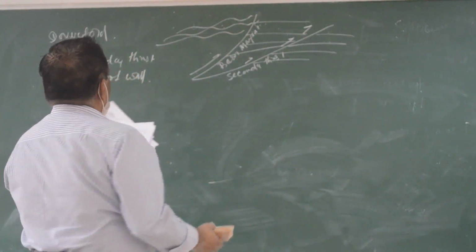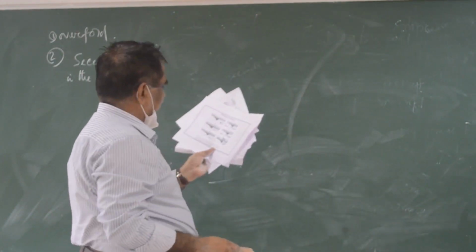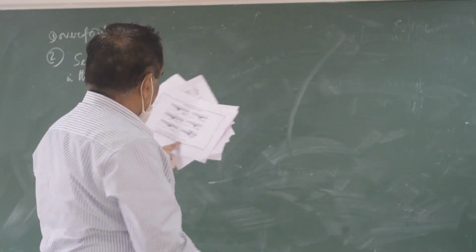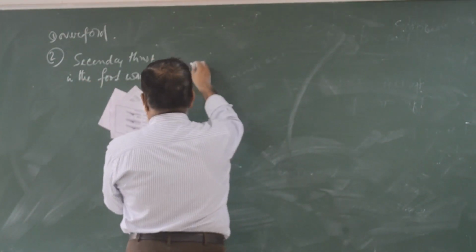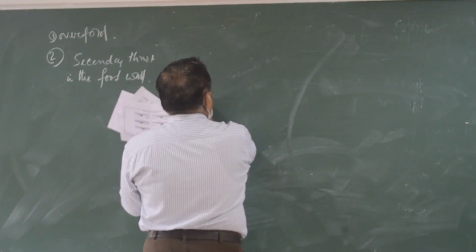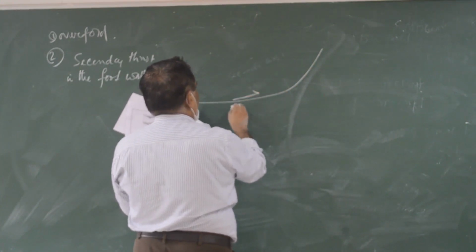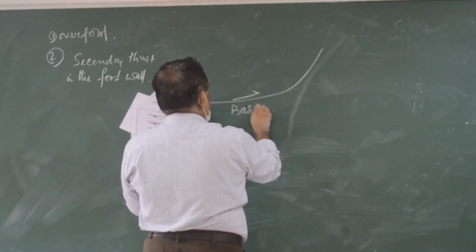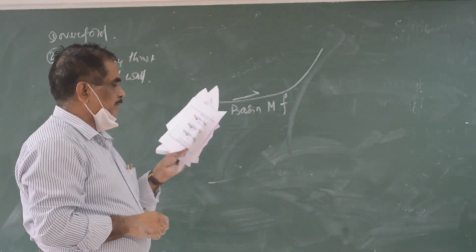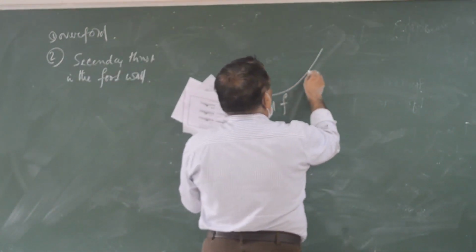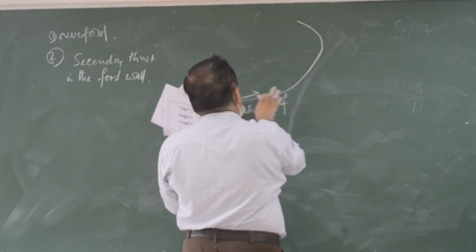Now, the third point is this basin margin fault, reversal of slip. Basin margin fault, reversal of slip taking place. It may so happen, this got inverted like this.